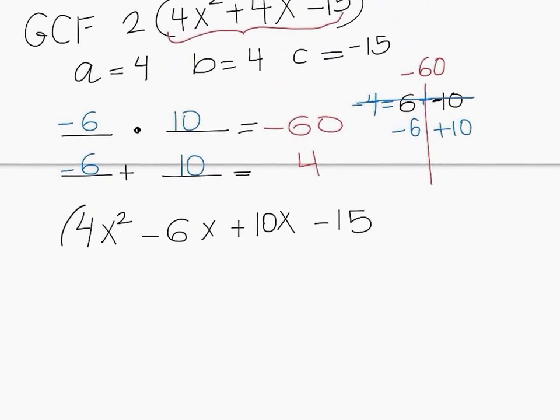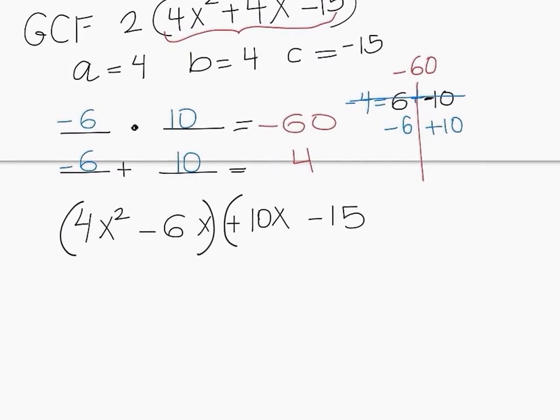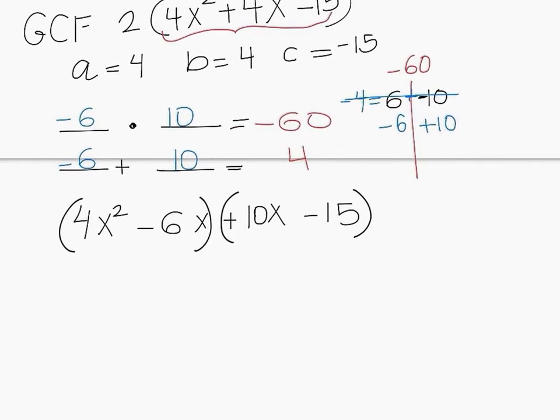I group the first 2 and the last 2 terms, and I try to find the GCF between these 2 terms. So 4 and 6, I can see that there's a 2 in common. This is an x to the power 2, and this is an x, so there is an x in common. 4 divided by 2 is a 2.